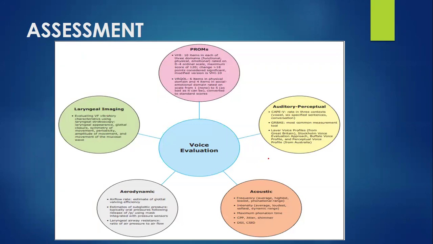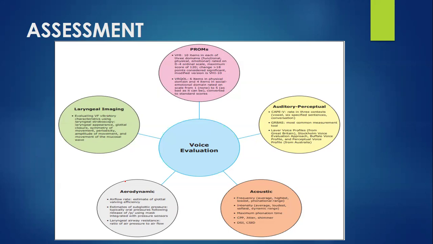With assessments, I found this also in the therapy ed book, and I thought it was a nice summary of the different types of assessment that you will do for voice evaluation. So they talk about laryngeal imaging, where you pass a scope down, either through the nose or the mouth, so that you're able to look at the vocal folds. With laryngeal imaging, it could be a rigid stroboscopy, which is just where they would put the strobe through the mouth and look at the back of the throat.